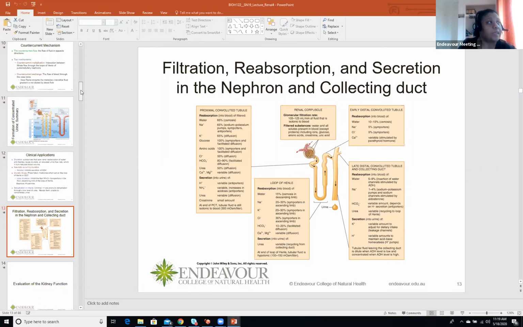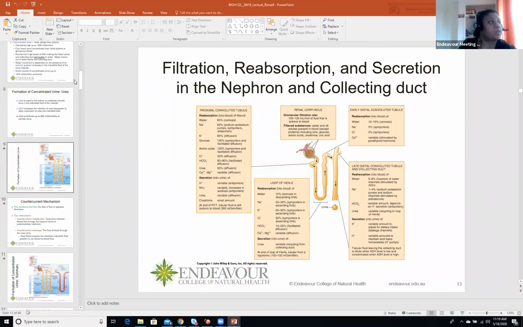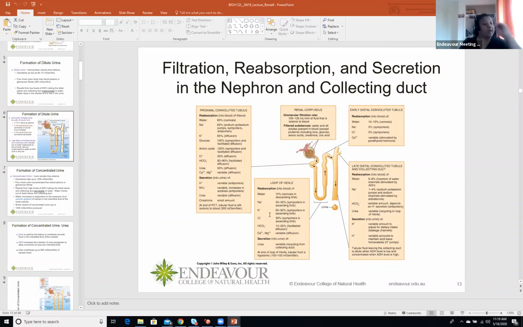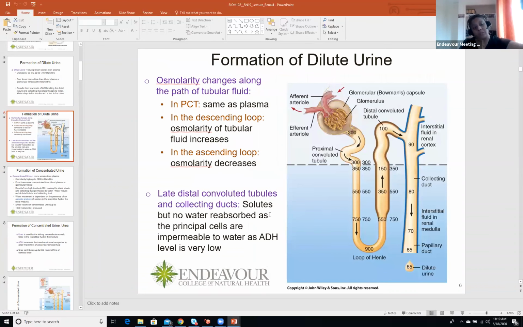So what happens then? Let's go back to our diluted urine. When the filtrate is going down into the descending limb, what is being reabsorbed? Water is primarily being reabsorbed. Water is being taken out of the renal tubules and put into the peritubular capillaries. As the filtrate passes through the ascending limb of the loop of Henle, the ascending limb is impermeable to water.